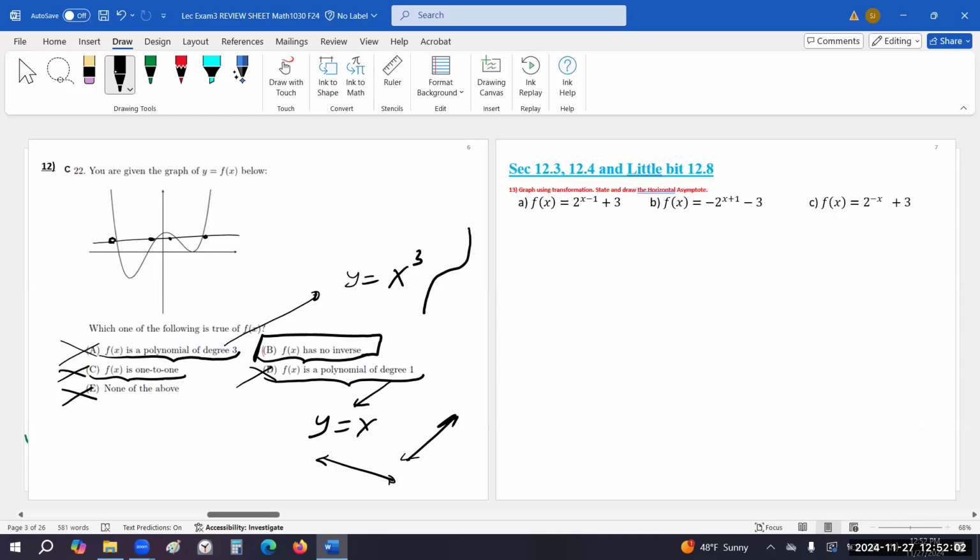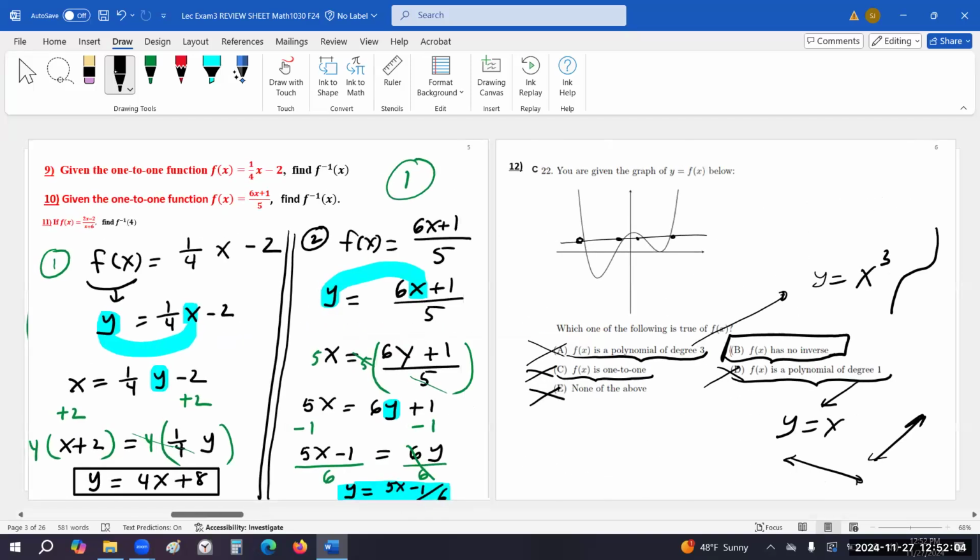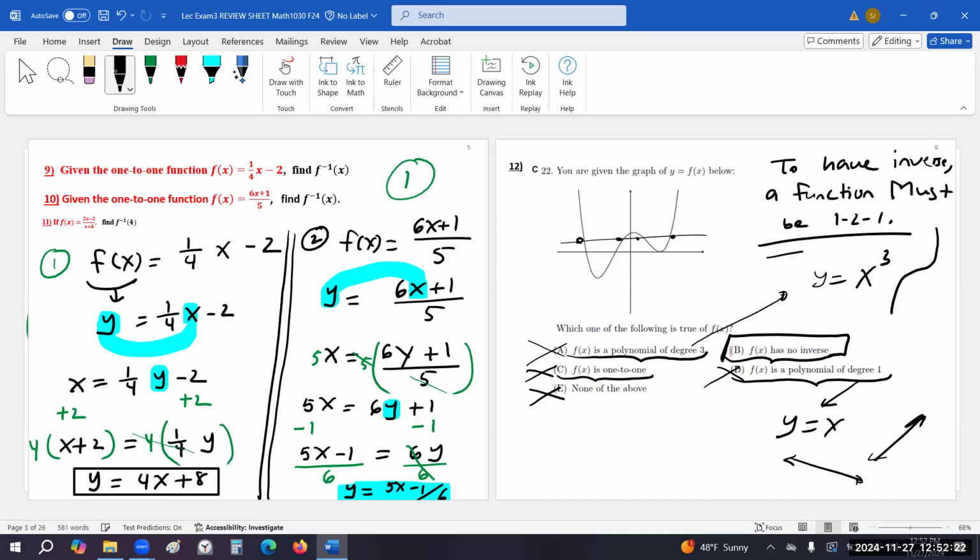Wait, so you said that if that has no inverse. To have inverse, a function must be 1-to-1. That's the rule.